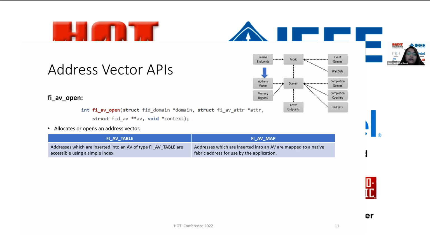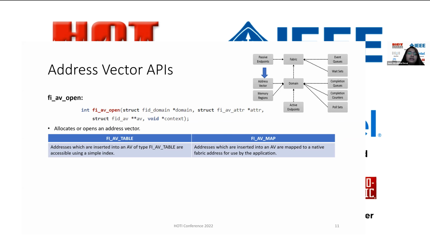With the table type of address vector, addresses are inserted into the AV and are returned as simple indices, and it can be thought of as an array of addresses. The advantage of the FI AV table type is that applications can refer to peers using a simple index, eliminating the need to store any addressing data. This type maps well with applications such as MPI, where a peer is referenced by its rank.